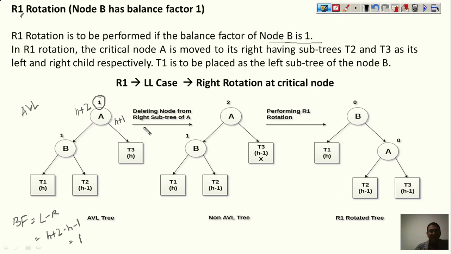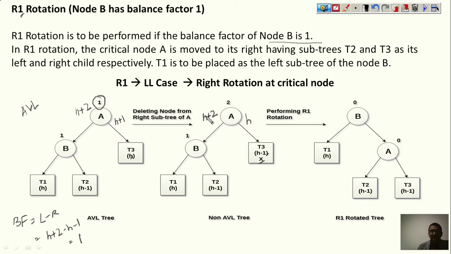Now the case is deleting a node from the right subtree of A. We want to delete something from the right subtree of this node, and because of the deletion the height of this is going to reduce by 1, so this becomes h minus 1. The impact is that this remains h plus 2, and the other side is h.